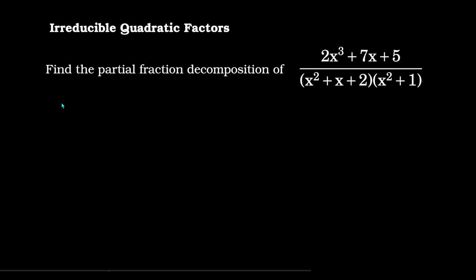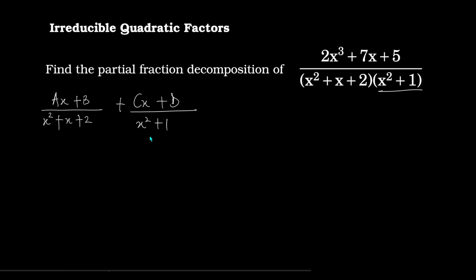You can break this down as ax plus b divided by x squared plus x plus 2 plus, then we have irreducible again, so we have cx plus d divided by x squared plus 1.